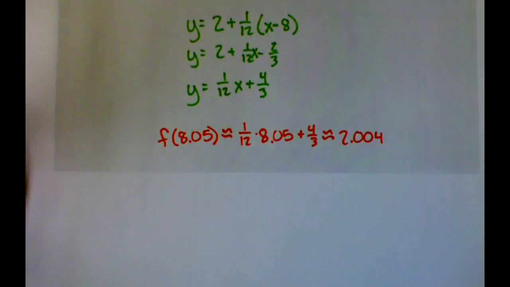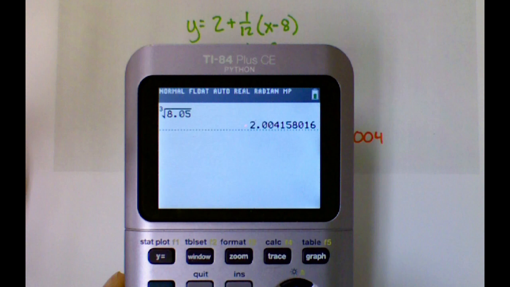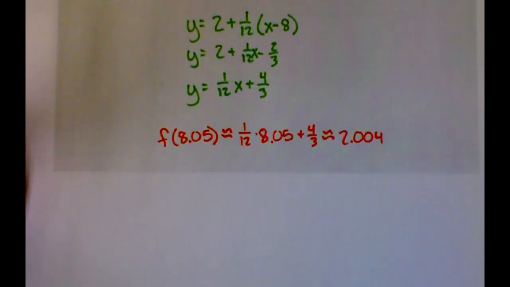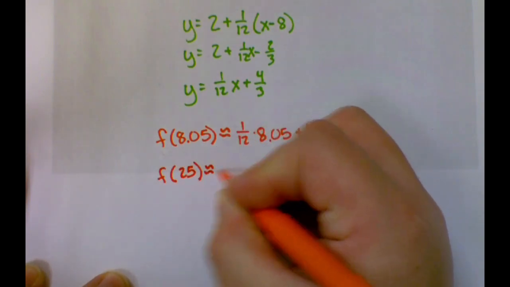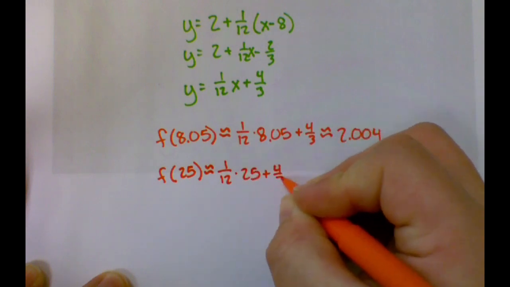2.004. Now if I take my calculator and I say, okay, what is the actual cube root of 8.05? 2.004. We are pretty darn close. Now let's say I approximate the cube root of 25. I get 1/12 times 25 plus 4/3.